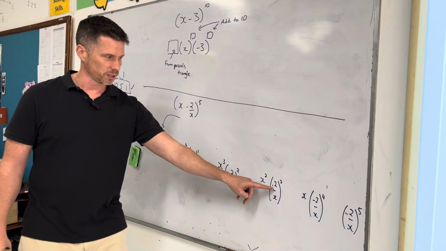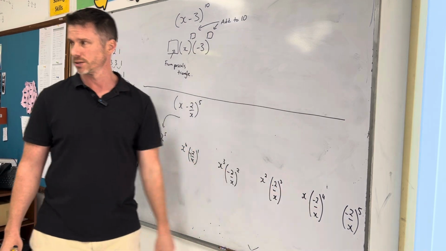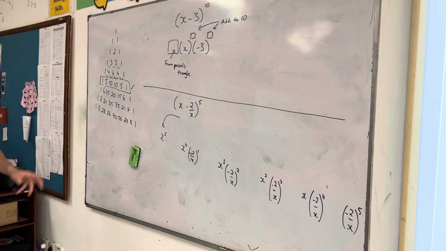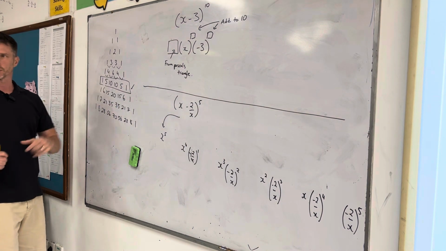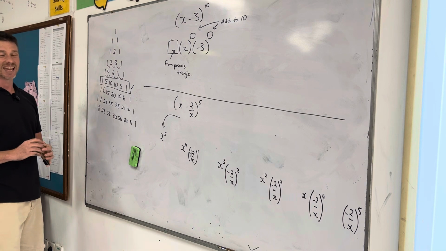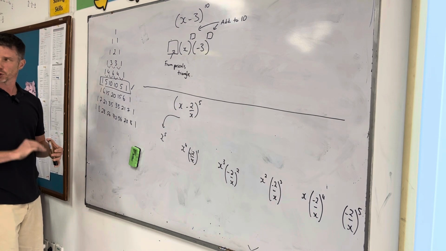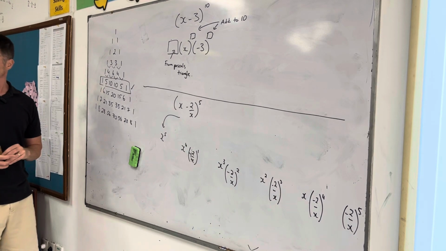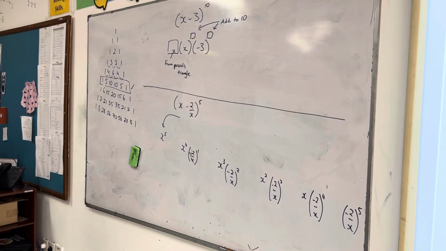And when it's to the power of 3, it'll be negative. When it's to the power of 4, it's positive, and so on. But that's when I simplify it. This is not simplified yet. I'm going to put in the coefficients next using this row of the Pascal's triangle. And then I'm going to simplify each term as simply as I can, which means combining indices, which is like question 1 from our exam the other day.